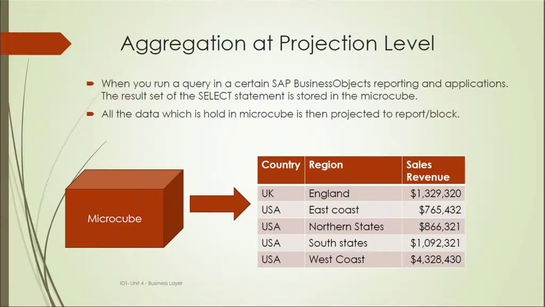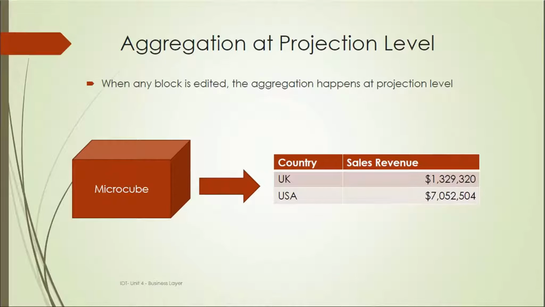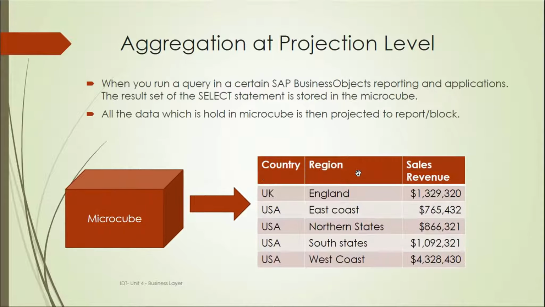Now, aggregation at projection level. Whenever the query is created, the data is written in the microcube, and then it is displayed on the report or a block like this: country, region, sales revenue. This is the projected data. Now suppose in the report I remove this column, region.